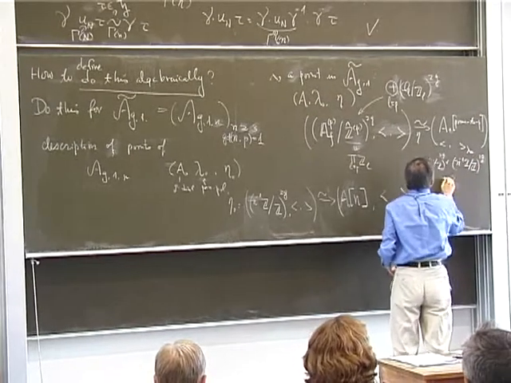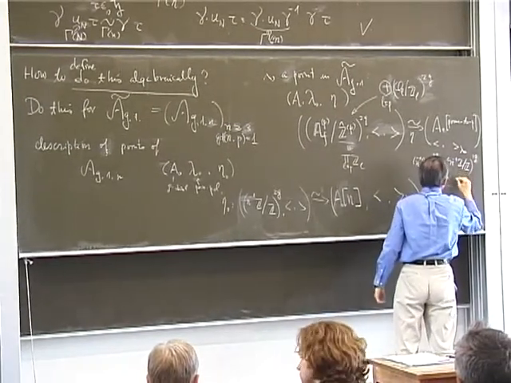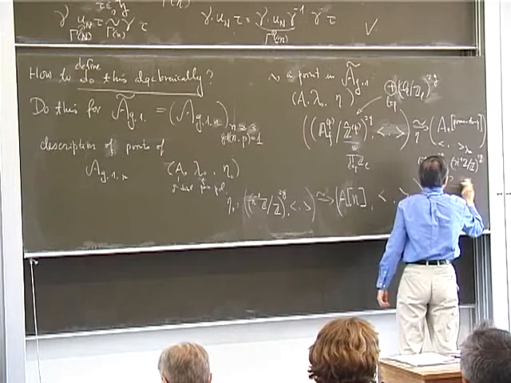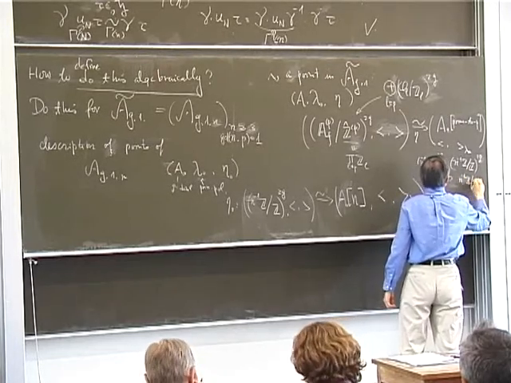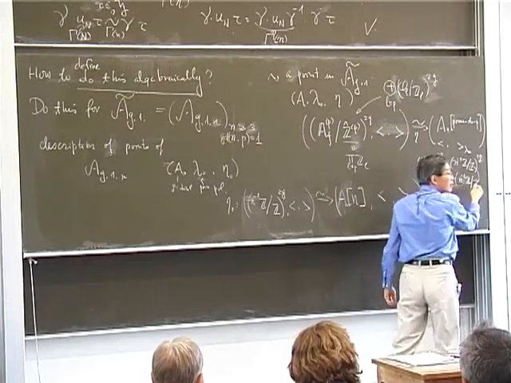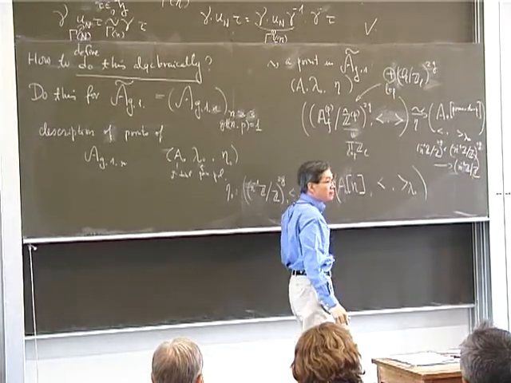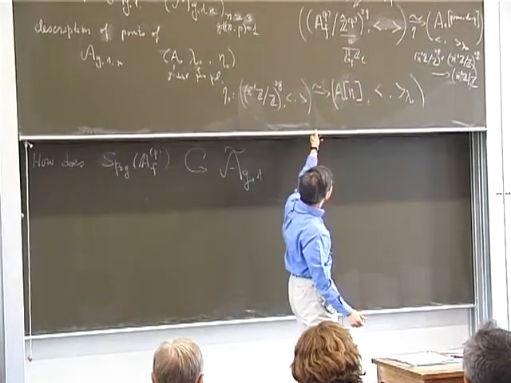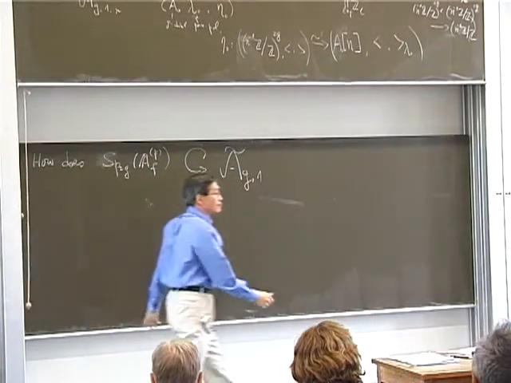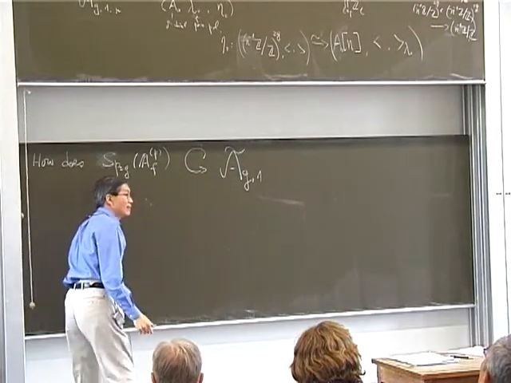And now you can let it land in n inverse Z over, and then take the limit. Sorry?